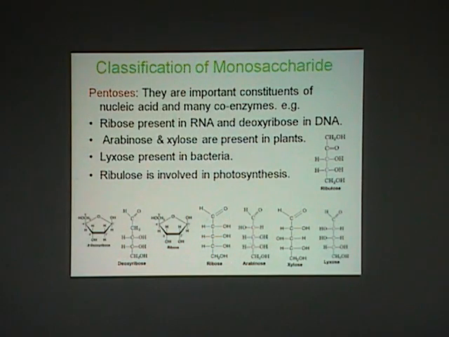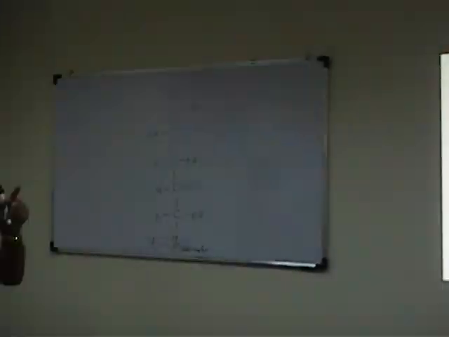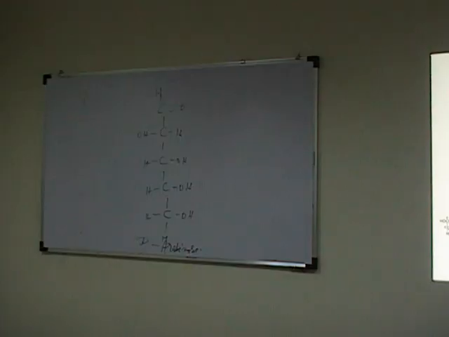Understand? Generally we make D form, as you know it is present in the nature. Generally L form is not present. So according to organic chemistry, how do we number this? From the functional group side.